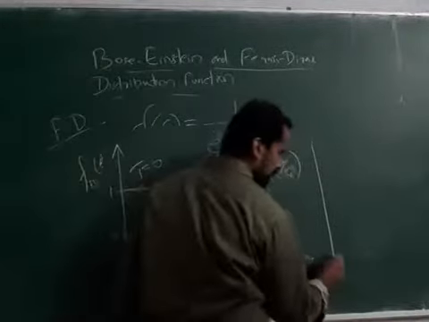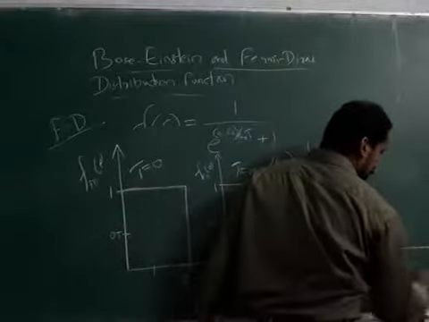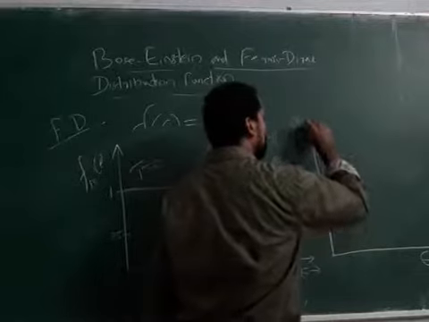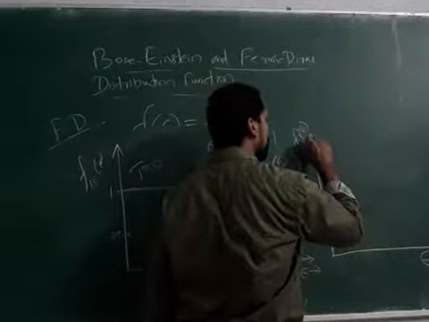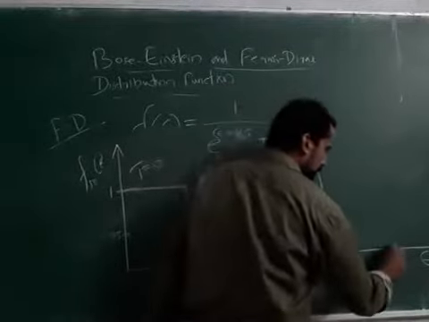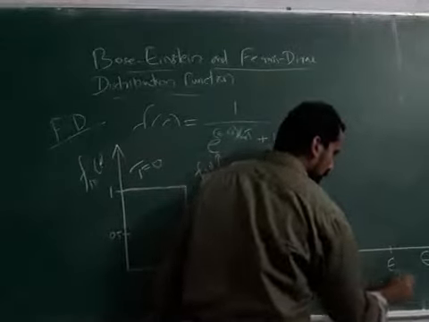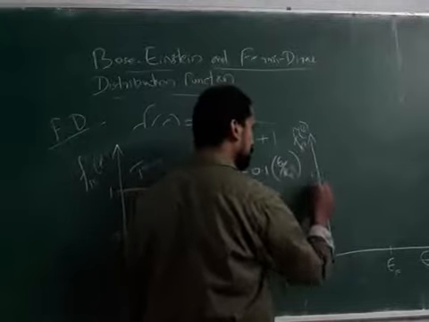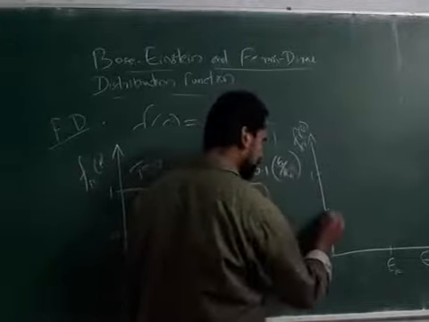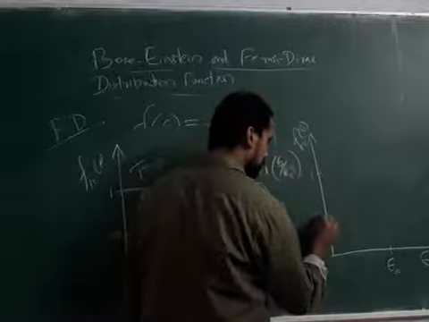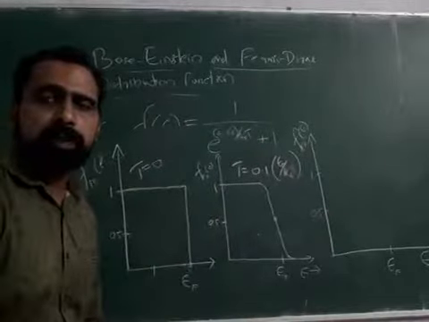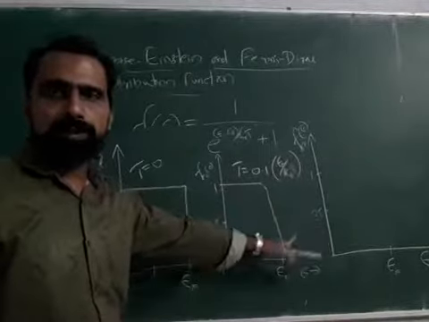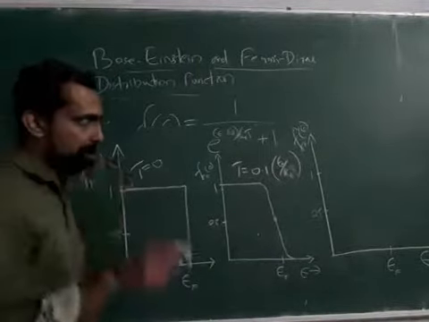Here again I am increasing. So this is f of epsilon, and this is your epsilon F, and this is 1, and somewhere here this is 0.5. Whatever may be the value, at epsilon F you have the probability of half. You have to keep that in mind always.